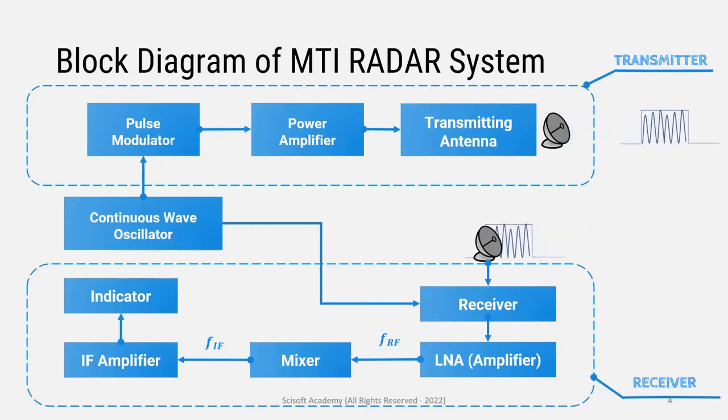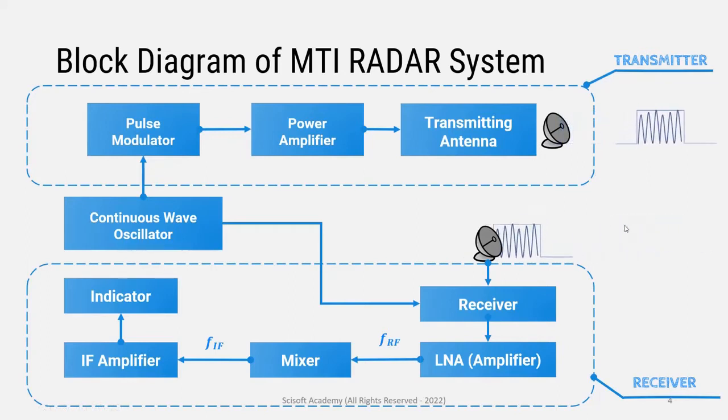The continuous wave oscillator is going to generate continuous sine waves or cosine waves, and the pulse modulator is going to generate pulses similar to this.